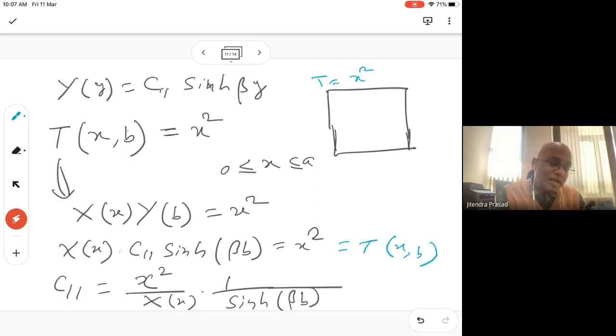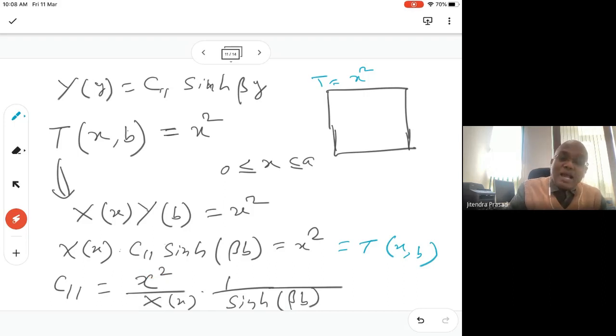But here what we are getting is a function of x. Unless we have this X itself as x square, this will not be a constant.